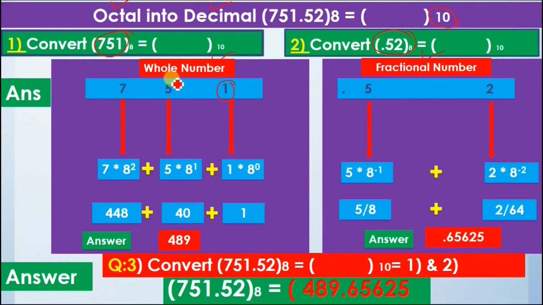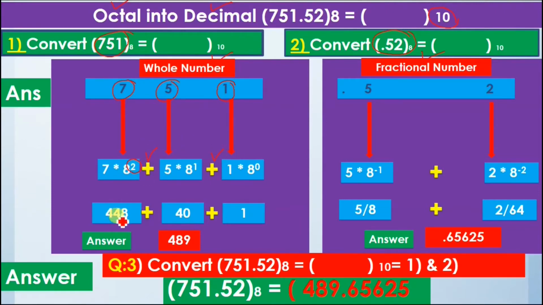And then the second digit is 5, so we multiply 5 with 8 raised to power 1. So the powers are increasing by 1 while moving away from the decimal point. So next we have the digit 7, so we multiply 7 with 8 raised to power 2. Okay. And then we will add them together to calculate the final answer.